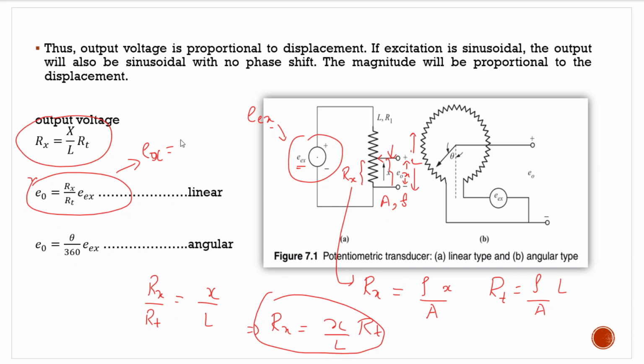है, it will be Rx divided by the total resistance times the external voltage, that is Ex. So appropriately हमें एक value of voltage मिल रही है across this portion of the winding that we can measure simply using voltmeters. Now using some calibration, we can make sure this amount of voltage corresponds to this amount of displacement.